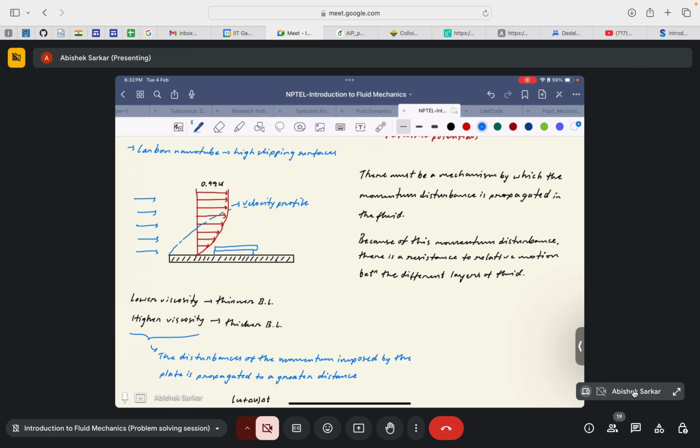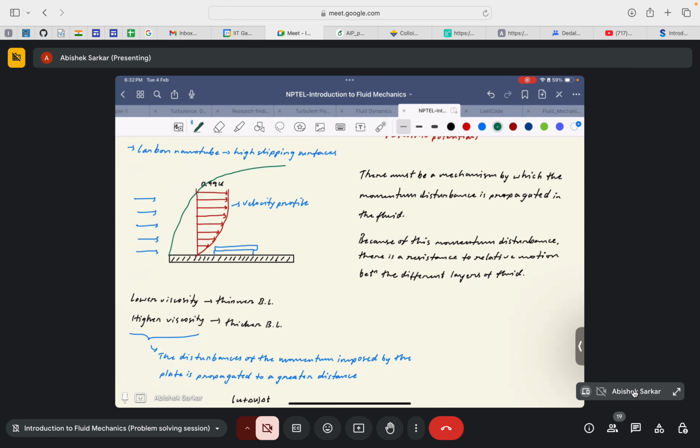So again, let me use a different color. I think it would be something like that. The fluid molecules that strike this flat plate or are closer to its surface have zero velocity, because of the effect of viscosity.